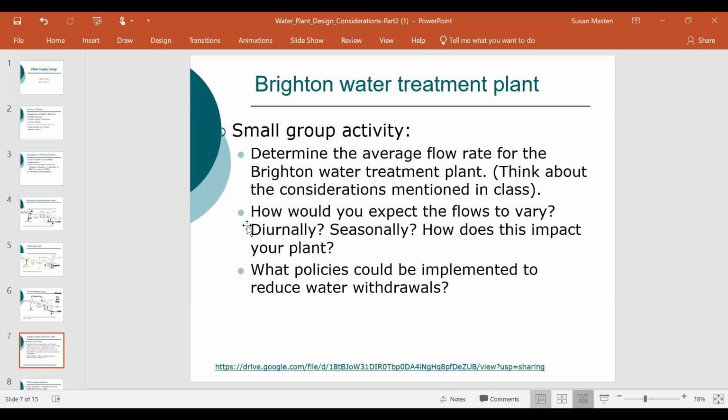Think both on a diurnal level and also on a seasonal level. How do these vary over time? And how does that impact your plant? Then you can think about what policies could be implemented to reduce water withdrawals. So how can we conserve water?